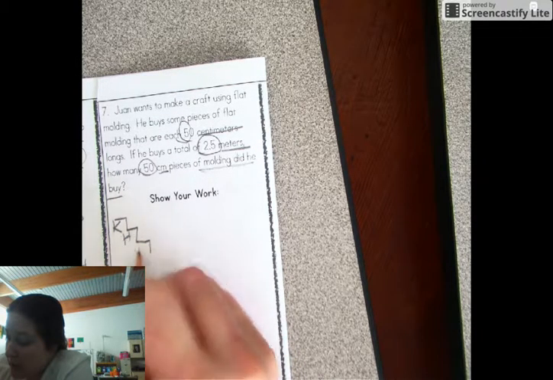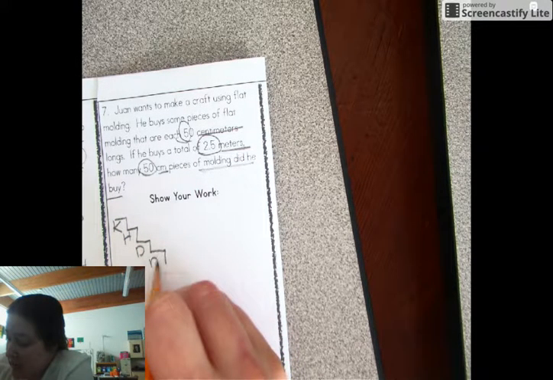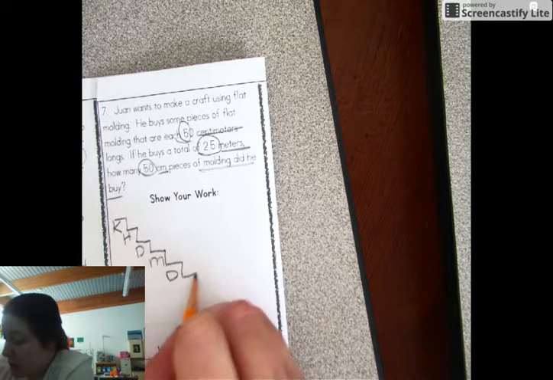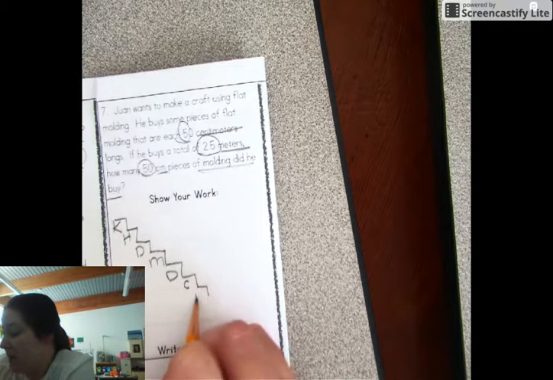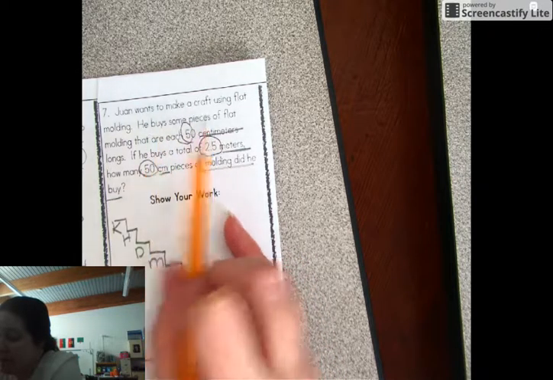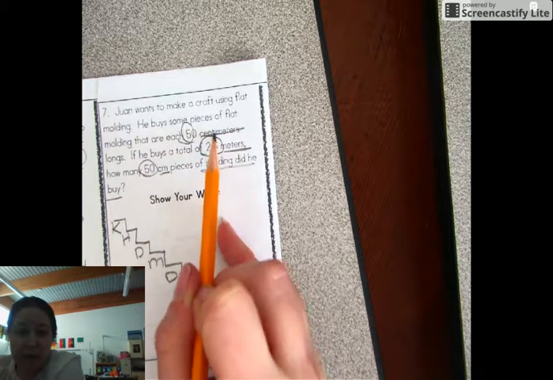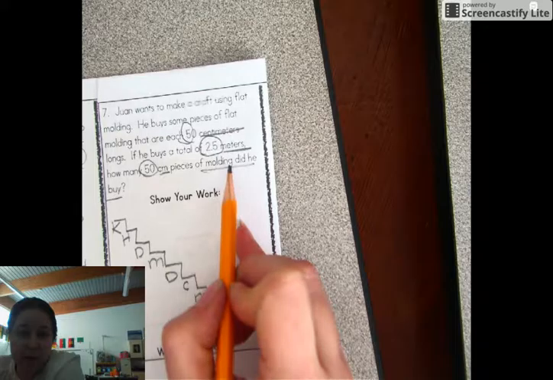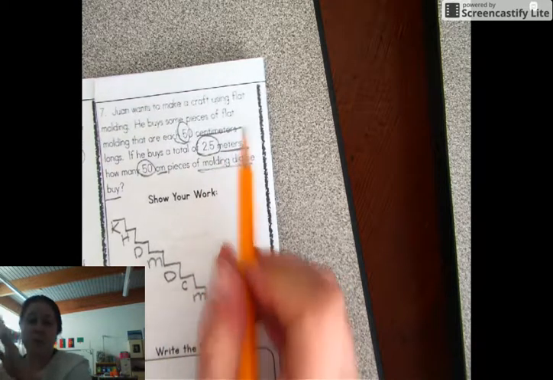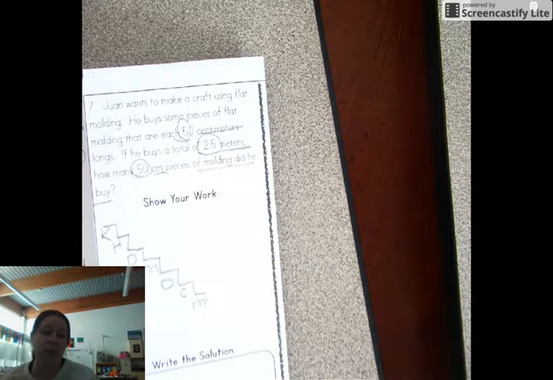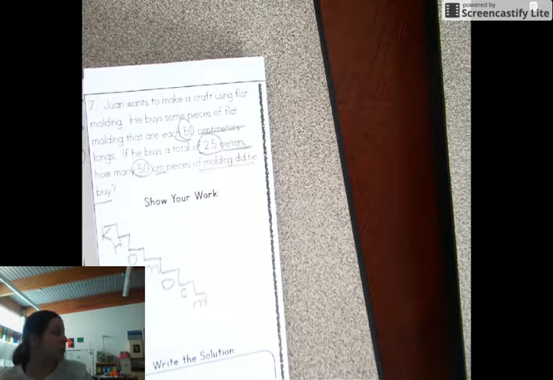King Henry drinks many different chocolate milks. Some of you might have a different way to start. Okay? He buys pieces of flat molding that are 50 centimeters a piece. This one is in meters. So there are 2 ways to do it. You can either convert from meters to centimeters, or you can convert from centimeters to meters right away and then do your math.